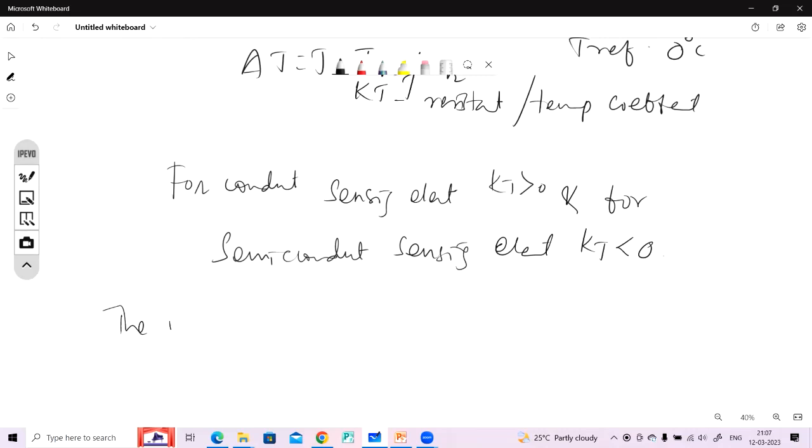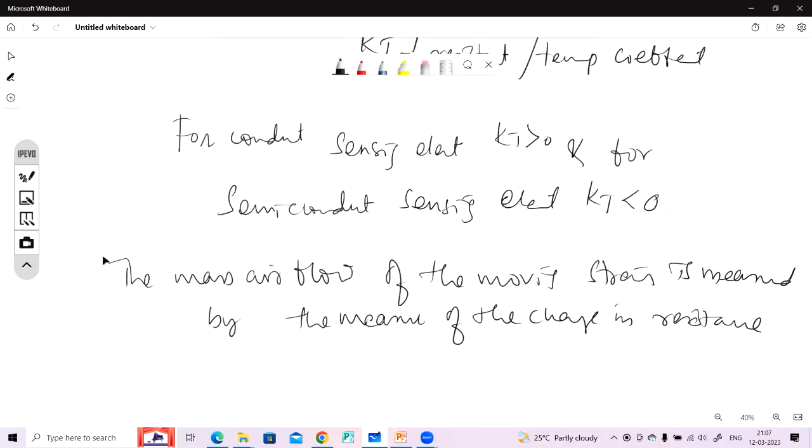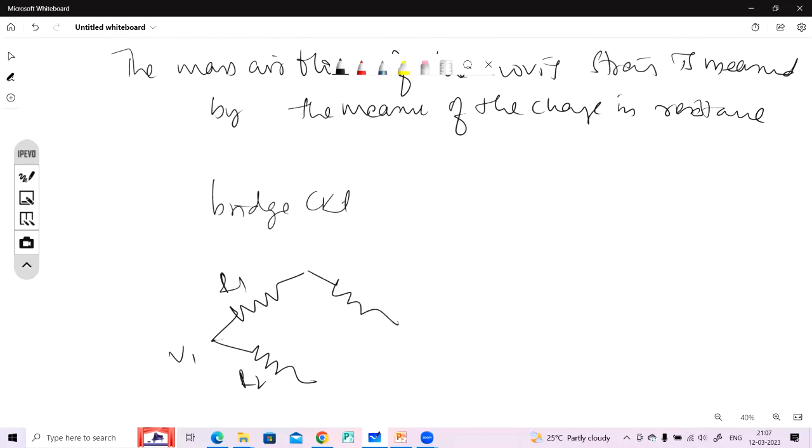So the mass airflow of the moving stream is measured by the measurement of the change in resistance, which is defined by the bridge circuit, that is this R1, R2, here V1, so R3, and here there is a pulse.